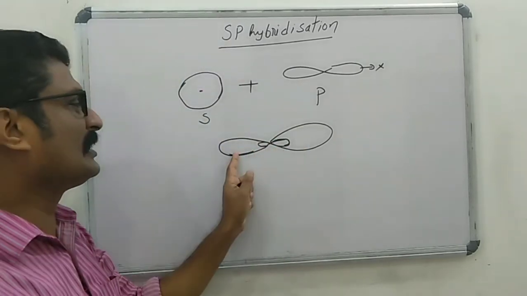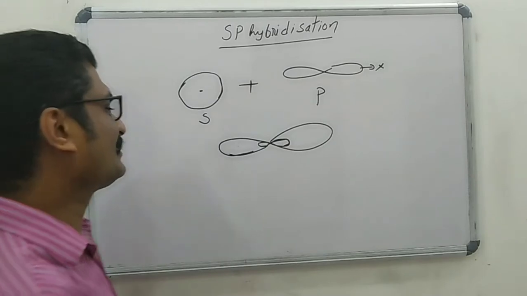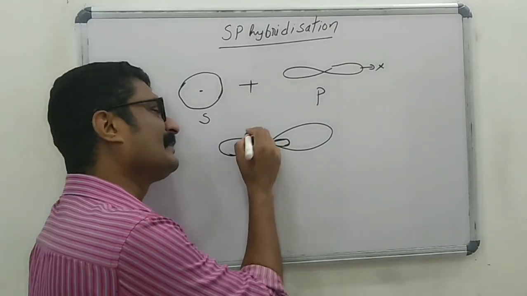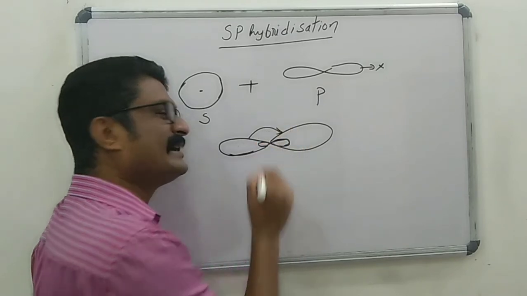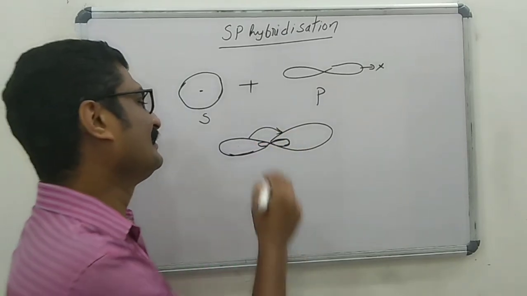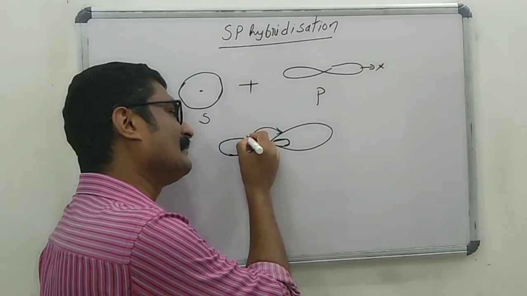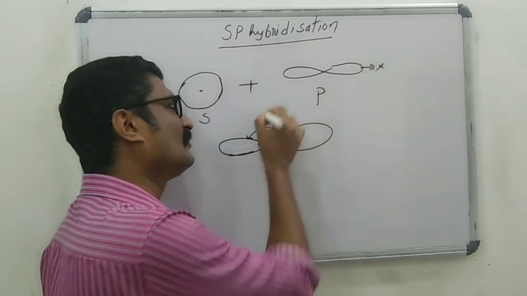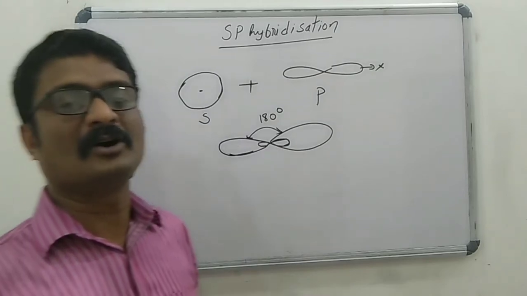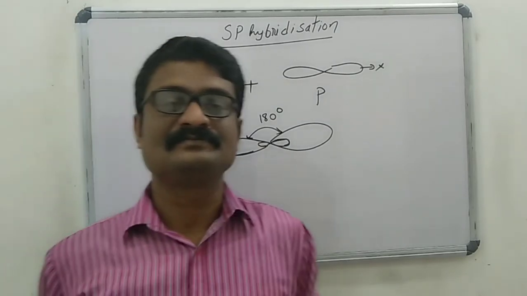Then these two sp hybrid orbitals attain a linear shape, making a bond angle of 180 degrees.